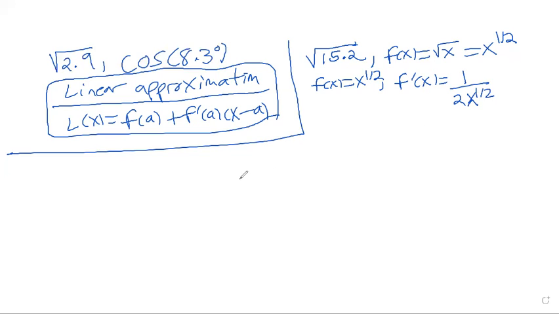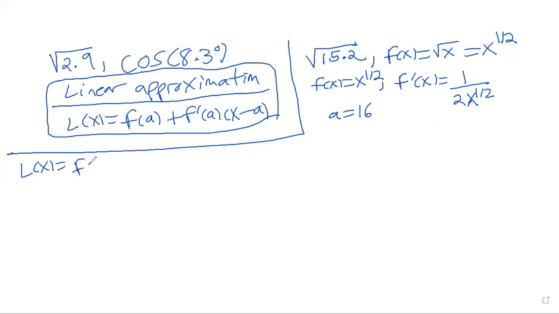So using the formula L of x, first we have to know what value of a we're going to use. Well, a value that's close to 15.2 and easy to take the square root of. That's easy, 16, because the square root of 16 is just 4. So that works out smoothly.